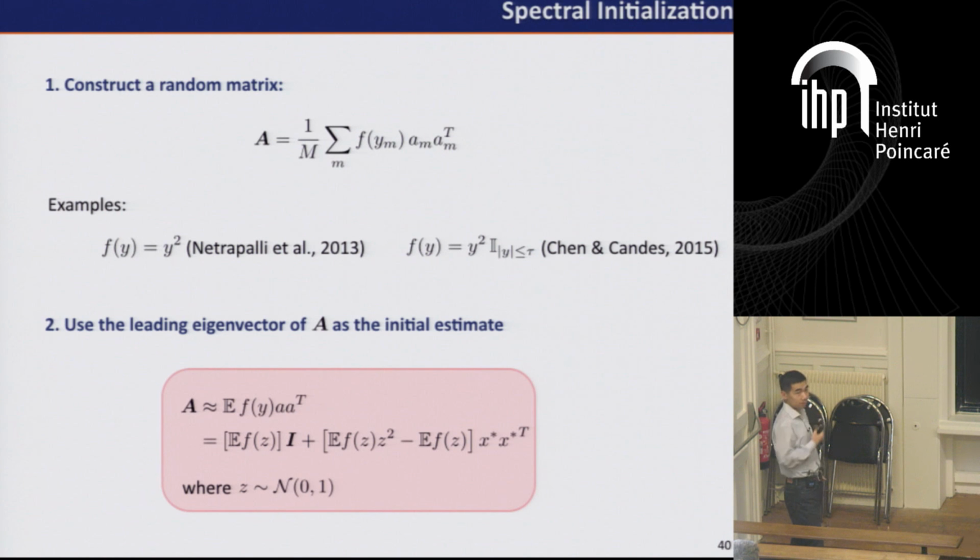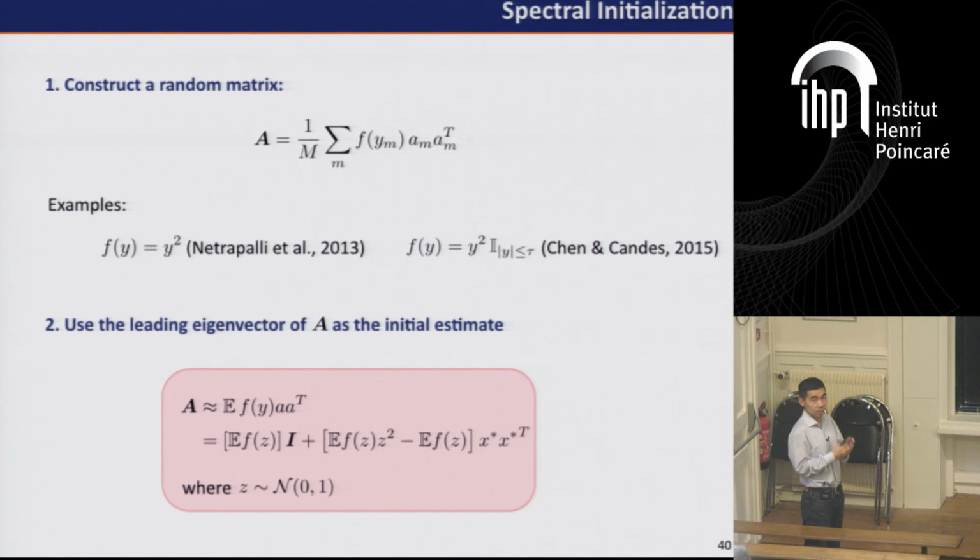And then we use a very simple but very nice algorithm first proposed in the paper of Netrapalli and co-authors. They use a spectral method for initialization. The spectral method works as follows. What you construct is a matrix A that is a linear combination of your measurements times the corresponding measurement vector a and its transpose.